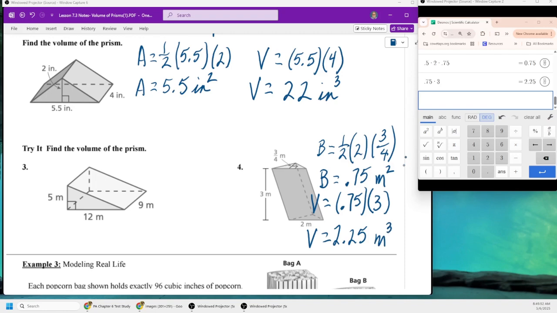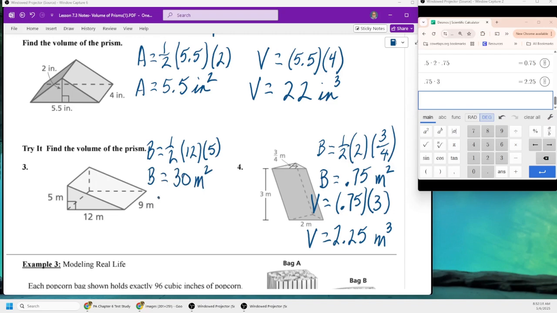Can you do number 3 real quick? All right, so on number 3, we need to find the area of the base, which is that triangle again. So it's 1/2, and then here they give you clearly the base and the height of the triangle, 12 times 5, which when you do that, you should get 30 meters squared.